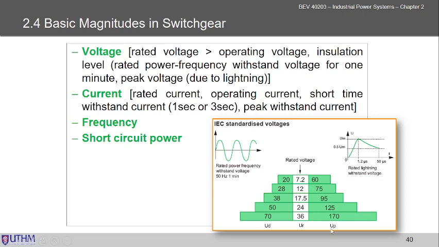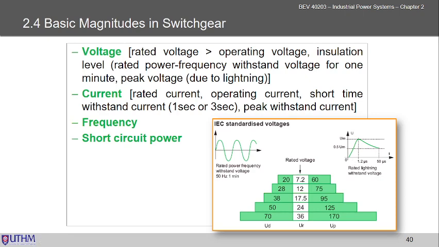U is the European standard symbol for voltage. The Europeans normally use U as the symbol of voltage. UP, P is the peak. UD, D is the down, the minimum. Okay, so this is the rating during the lightning strike.